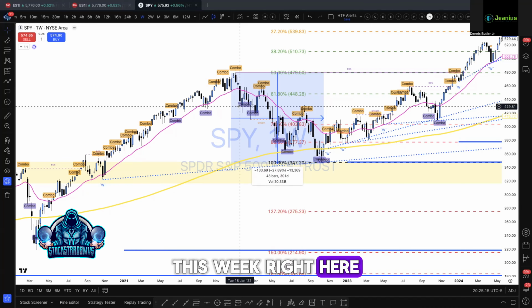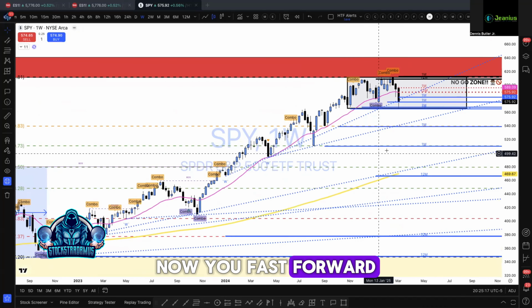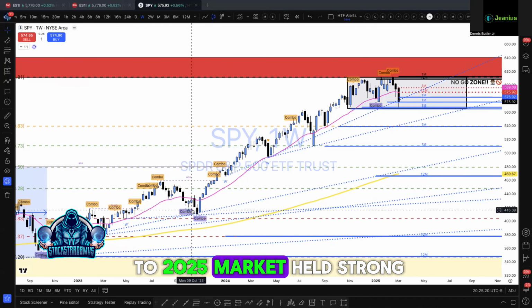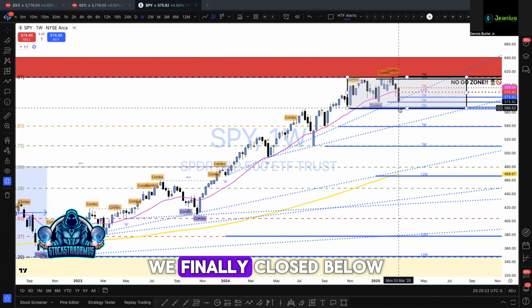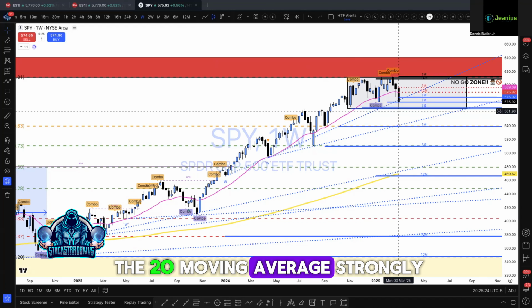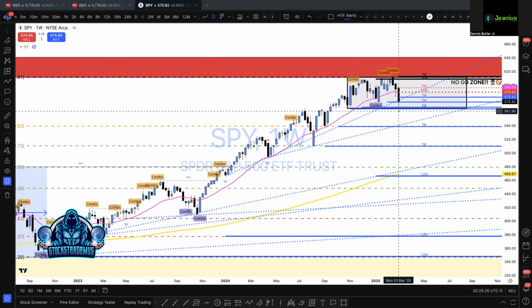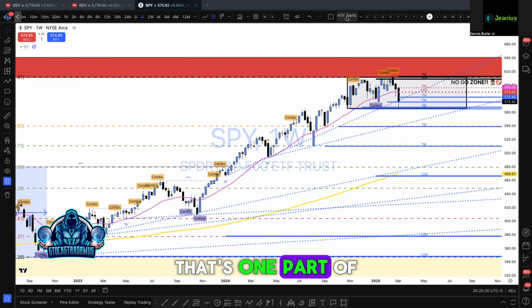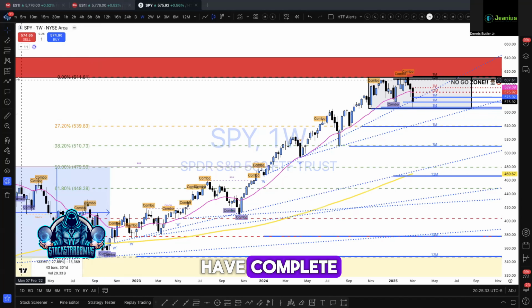Now you fast forward to 2025, the market held strong, and we finally closed below the 20 moving average, strongly. So at this point, that's one part of the puzzle that I have complete.